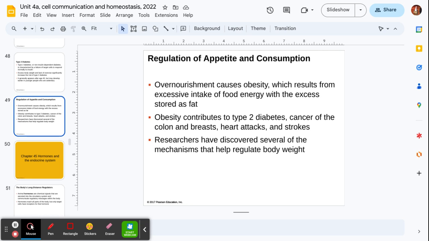And there is some suggestion that, again, regulating appetite and your consumption is another homeostatic mechanism that goes haywire in some people. And the question is, how can we help people who are in that particular category? And there's definitely some suggestion that there's genetics involved too.